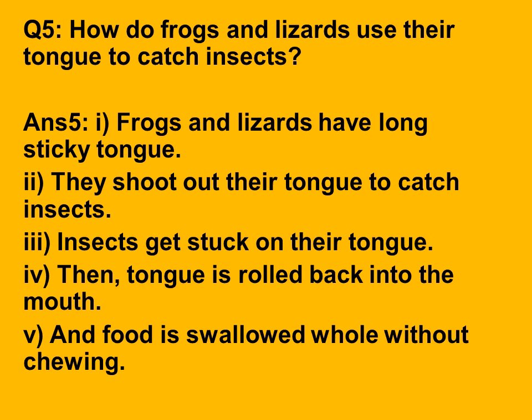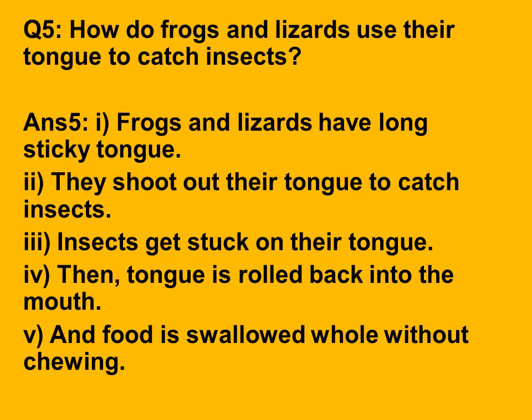We already know, or you might have seen a lizard with its long tongue, and even frogs. Both of them have a long sticky tongue. Because of their sticky tongue, it is easy for them to catch their prey. Whenever they see an insect which they want to eat, they suddenly shoot out or just throw open their mouth, and the tongue comes out immediately to catch the insect. Because the tongue is sticky, the insect gets stuck on the tongue.